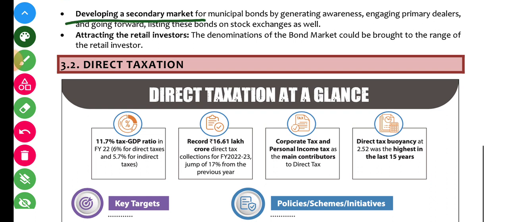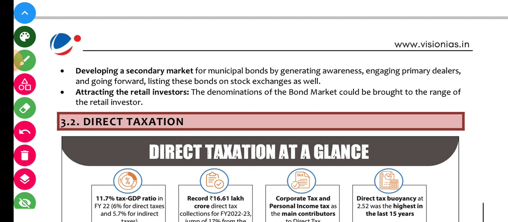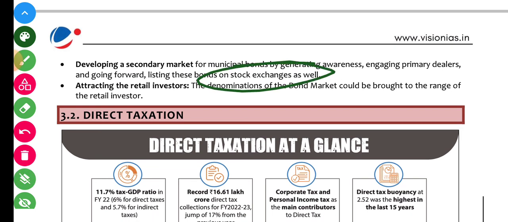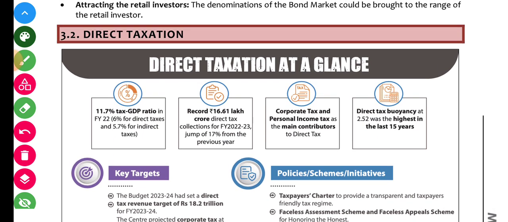Next is developing a secondary market for municipal bonds, like generating awareness, engaging primary dealers, and going forward, listing these bonds on stock exchanges as well. Okay, and next is attracting the retail investors. So keep this in mind.